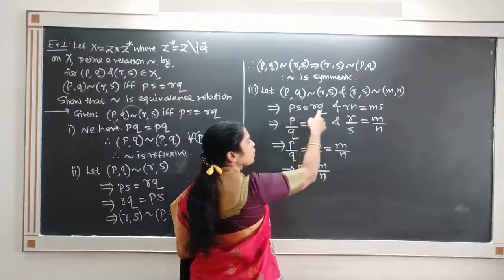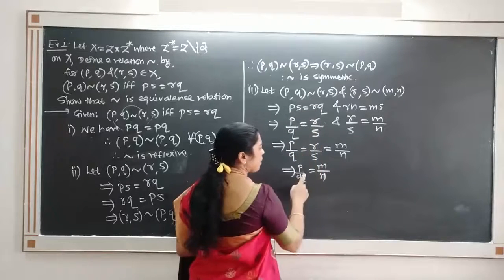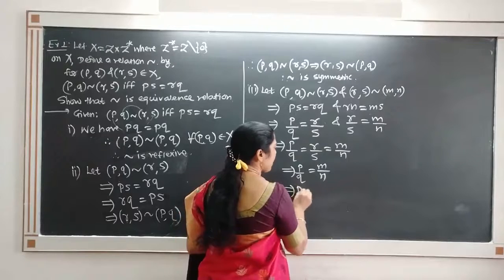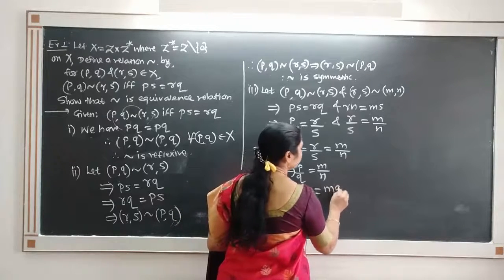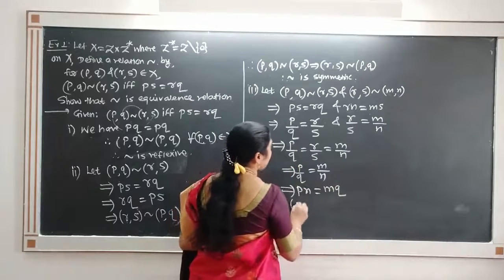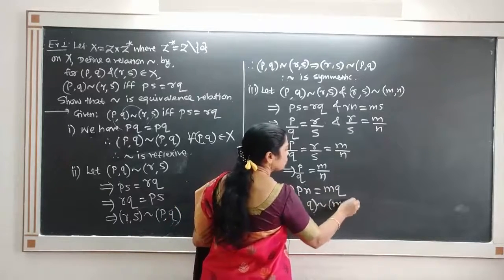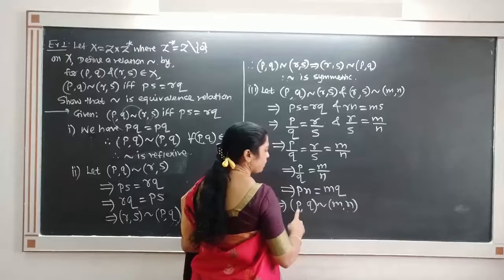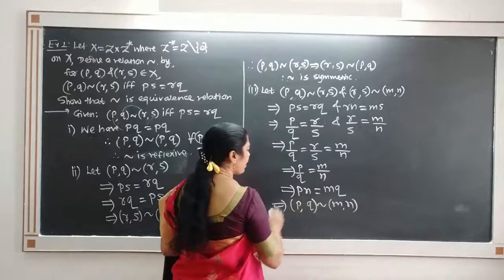Here we only cross multiplied. p by q is the same as m by n, but this implies that pn is equal to mq. This implies that the pair (p,q) is related with (m,n), because (p,q) is related with (m,n) if and only if the product pn is the same as mq, and we get that.